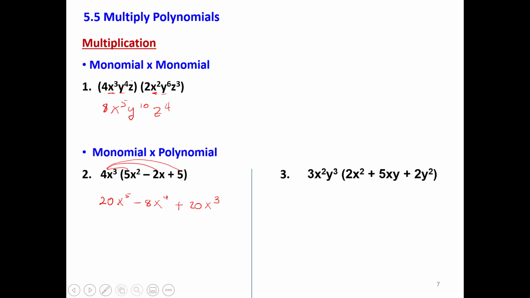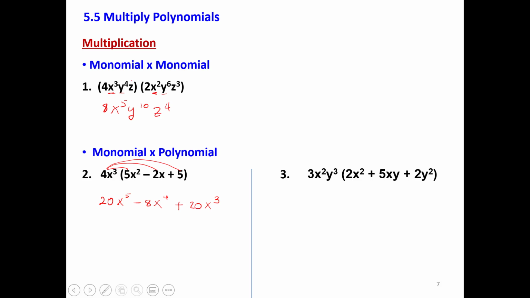Let's multiply these two polynomials. In this case, we have two variables, but the procedure is the same. The same procedure we apply for this example.